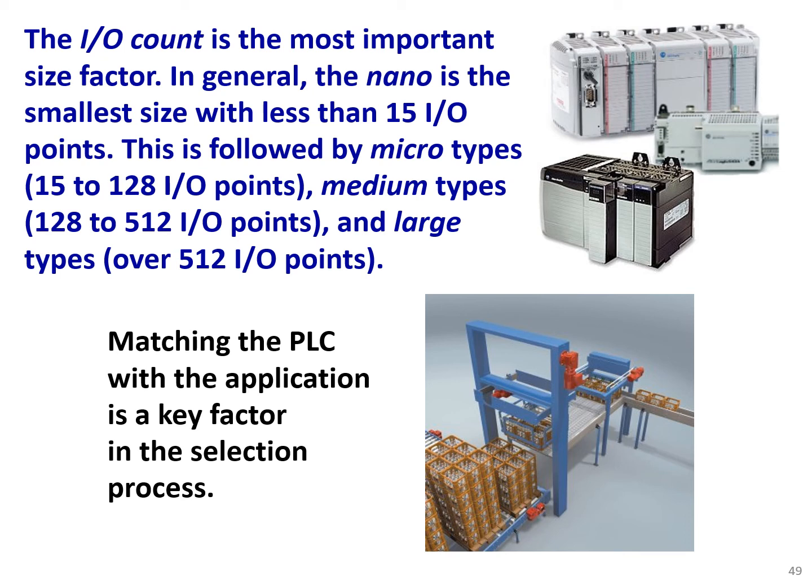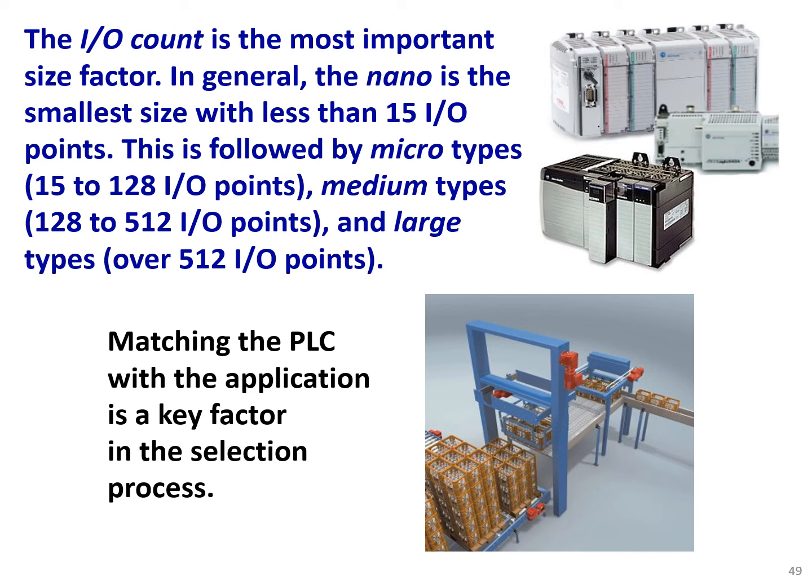In general, the nano is the smallest size with less than 15 I/O points. This is followed by micro types, 15 to 128 I/O points, medium types, 128 to 512 I/O points, and large types over 512 I/O points.